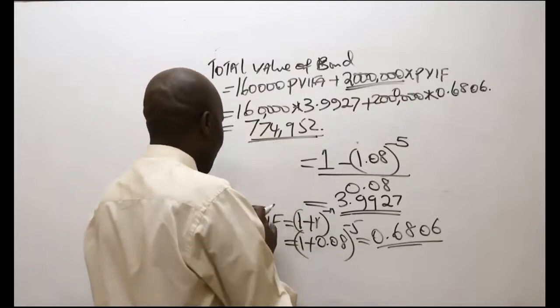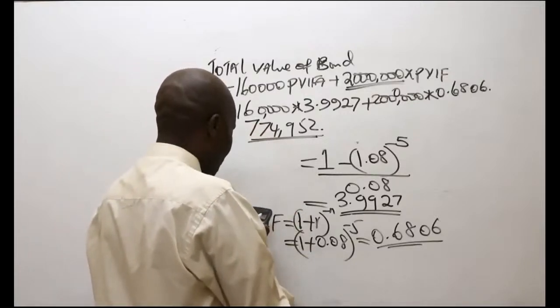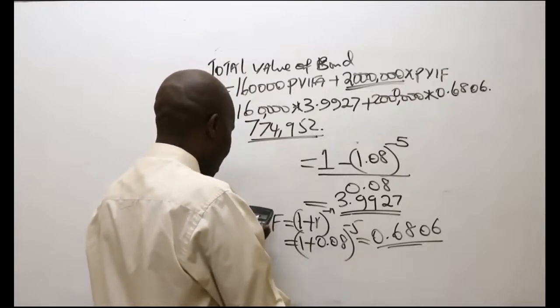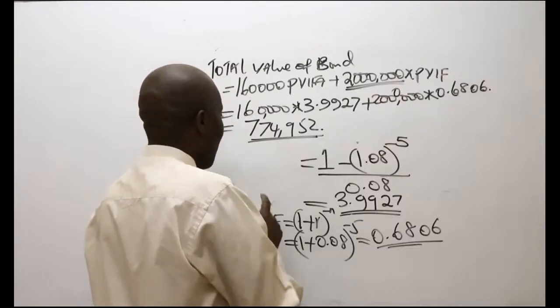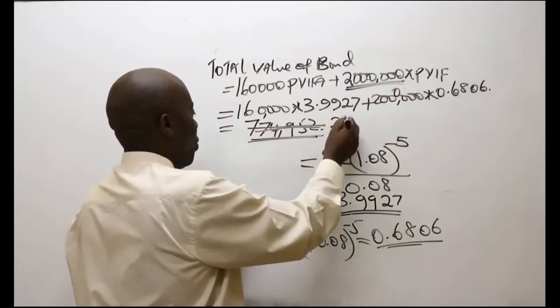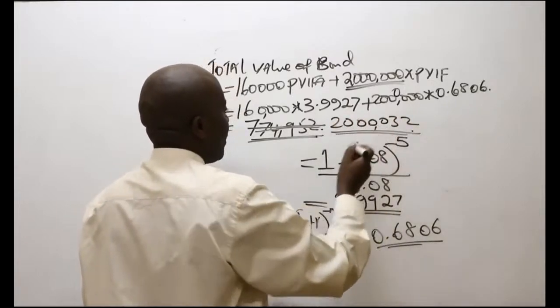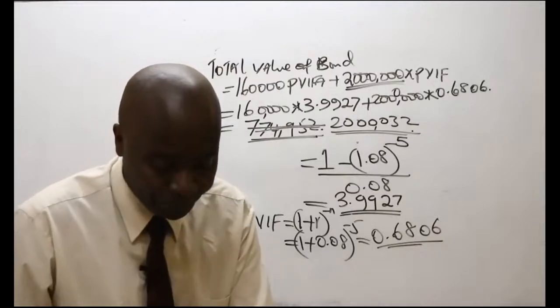With 2 million, you can repeat again: 160,000 times 3.9927 plus 2 million times 0.6806 equals, which gives us 5,200,032 as the market value of the bond as per the question.